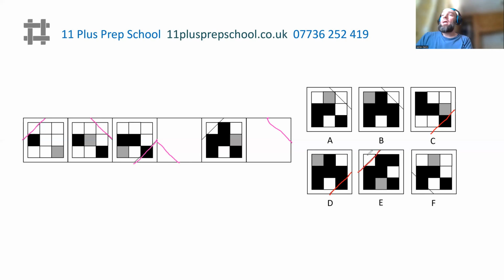None of these answer options has a line in the same place as either of our blank figures, so we can rule out all of them. Just by looking at a single detail, we have managed to eliminate 50% of our answer options.